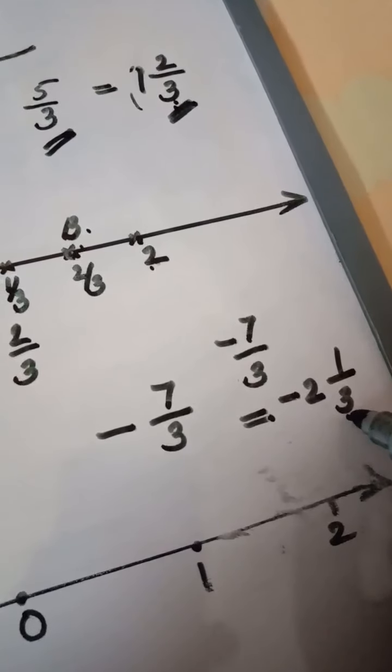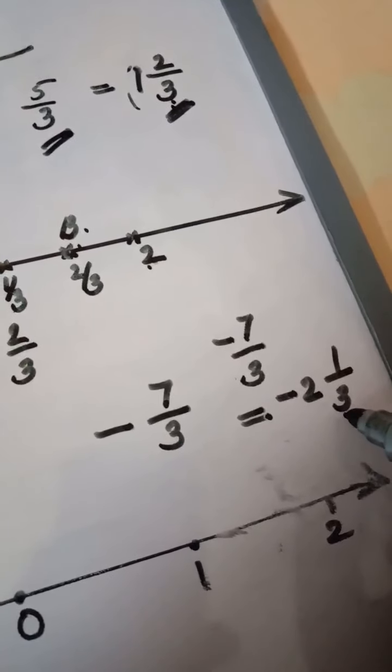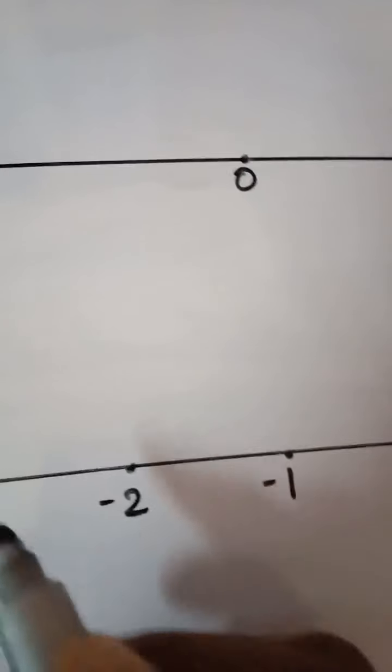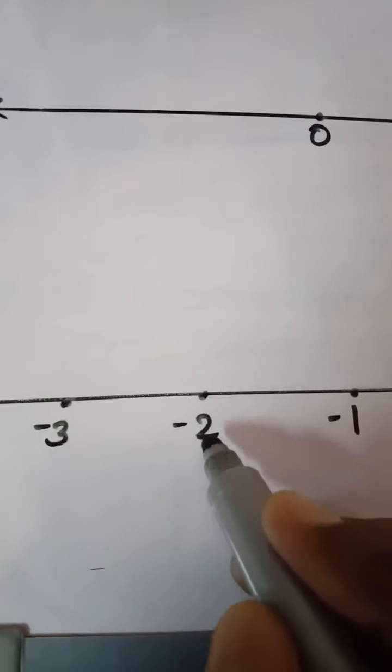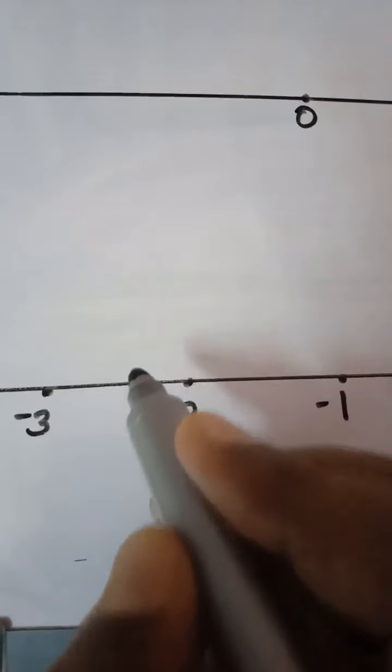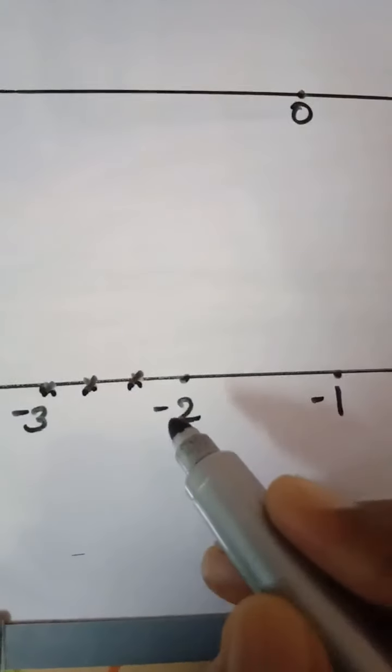Since the denominator is 3, divide it into 3 equal parts. So here I am going to divide the portion between minus 2 and minus 3 into 3 equal parts: 1, 2, and this is the third part.